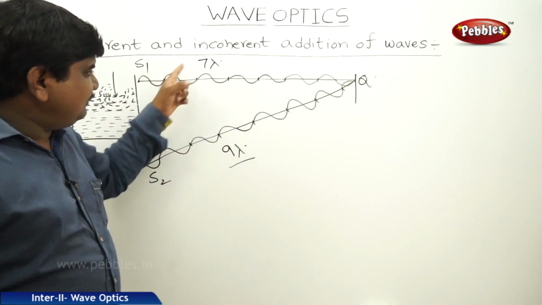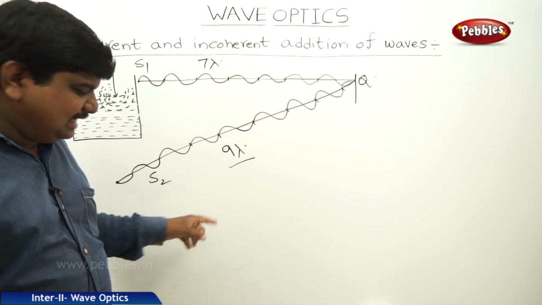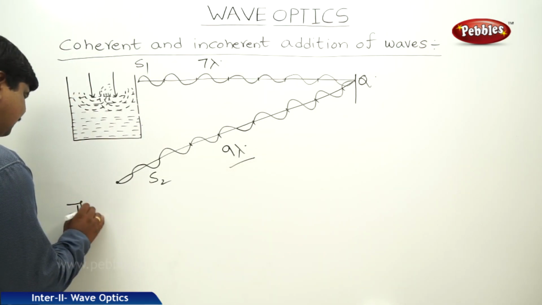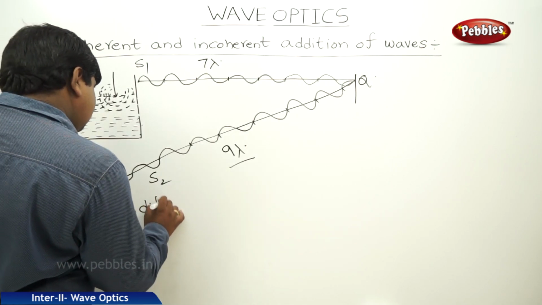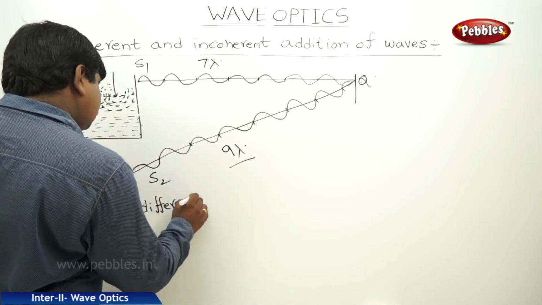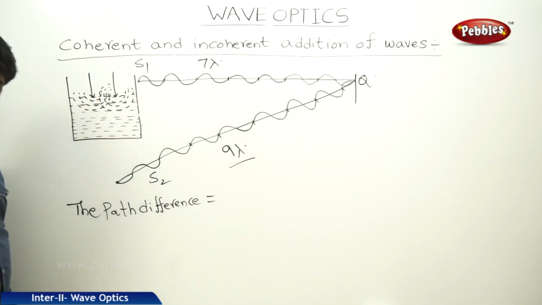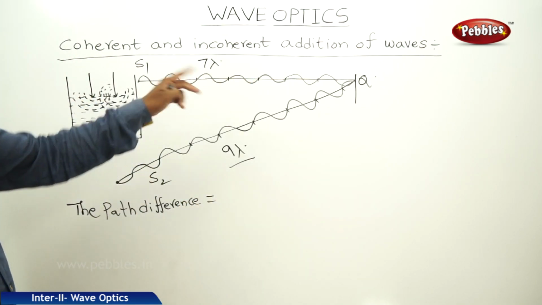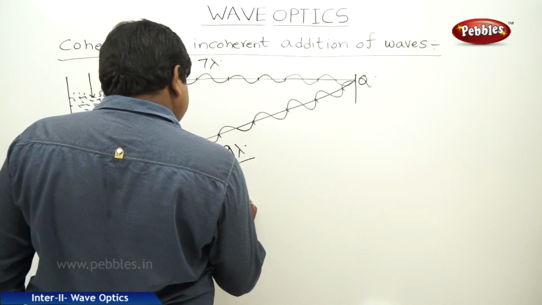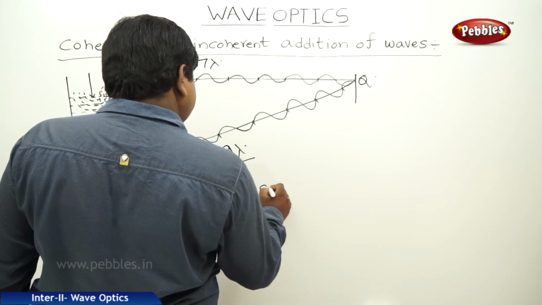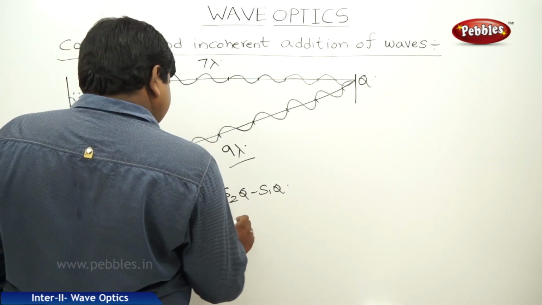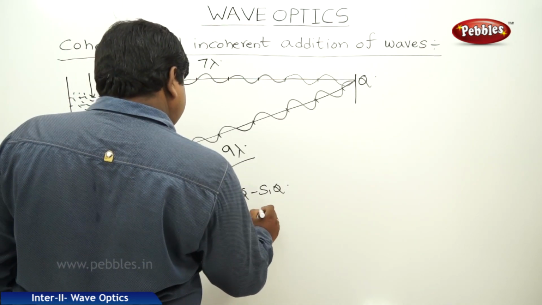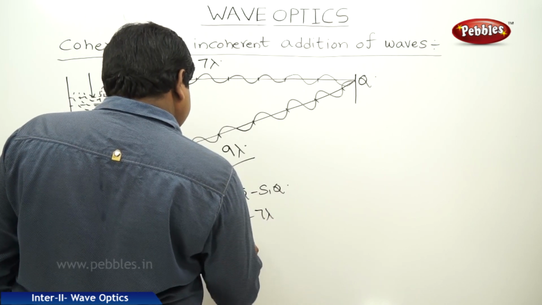The path difference is S2Q minus S1Q. S2Q is 9 lambda, S1Q is 7 lambda, so that is 2 lambda.